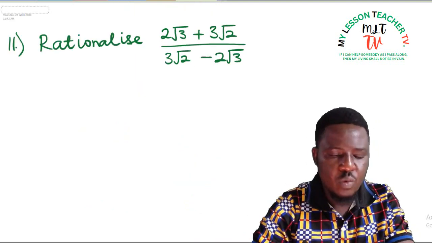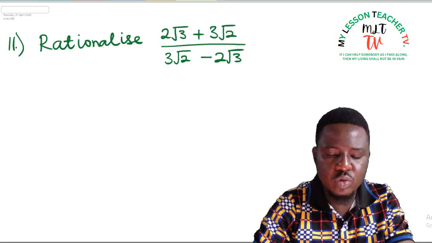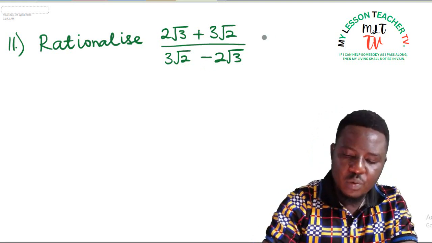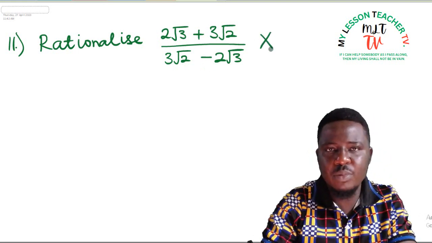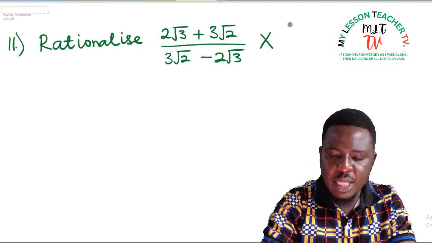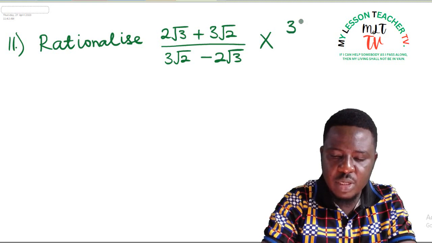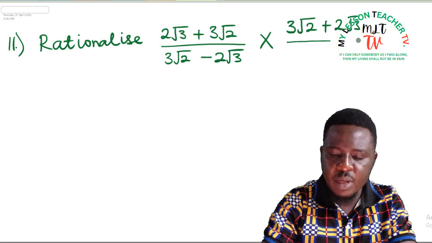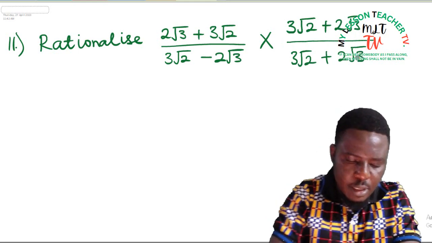Question 11, we are asked to rationalize 2 root 3 plus 3 root 2 divided by 3 root 2 minus 2 root 3. Just like we said, you multiply both the numerator and denominator by the conjugate of the denominator, and that gives us this times 3 root 2 plus 2 root 3 divided by 3 root 2 plus 2 root 3.